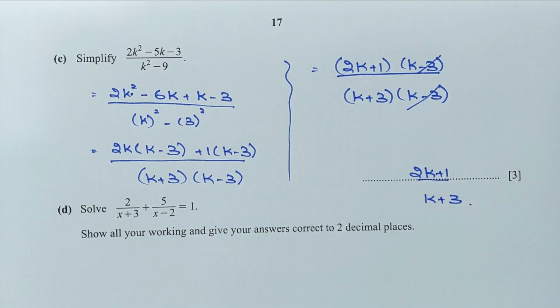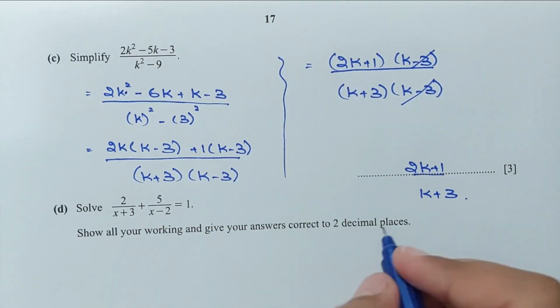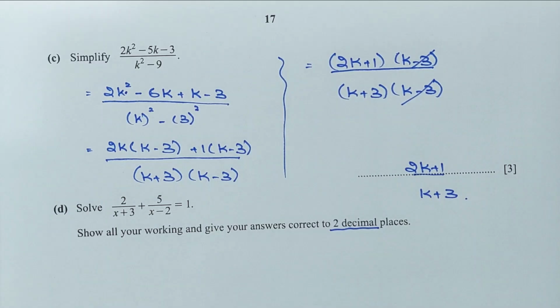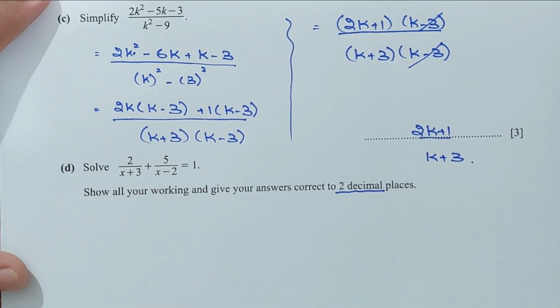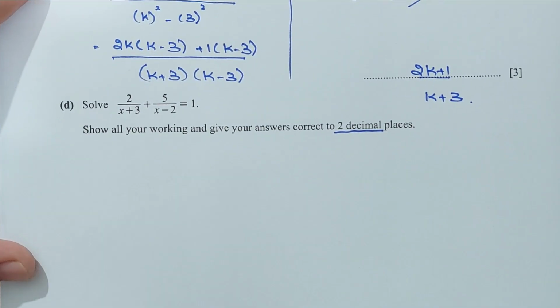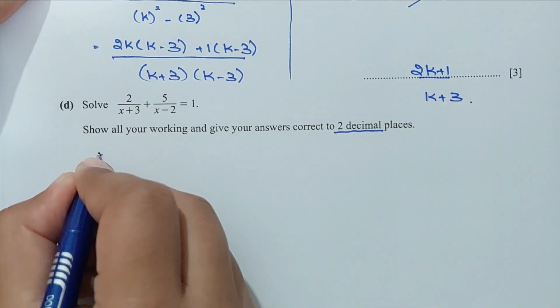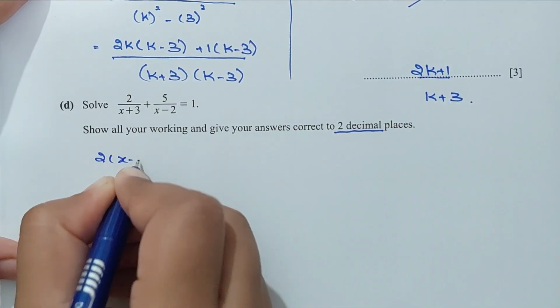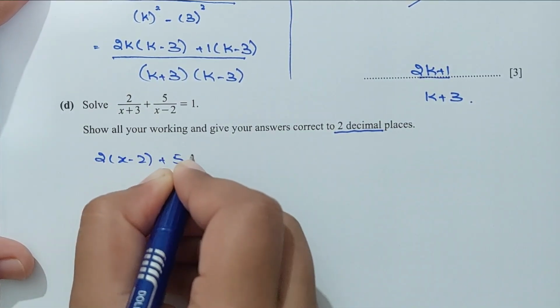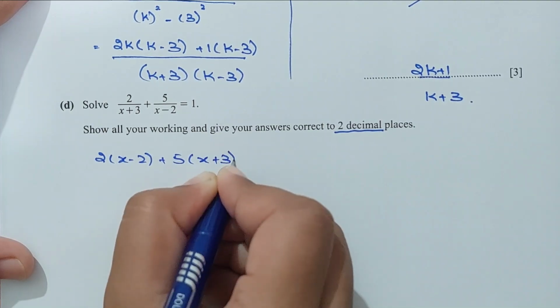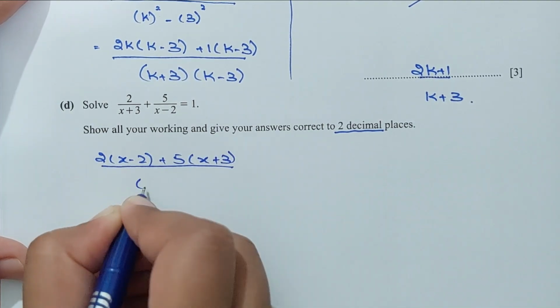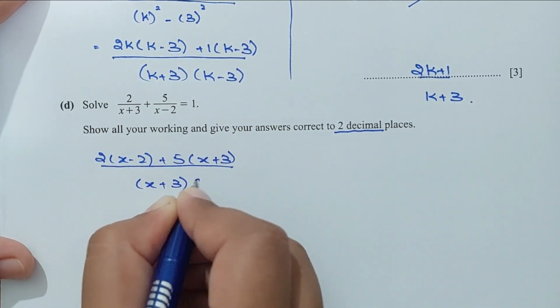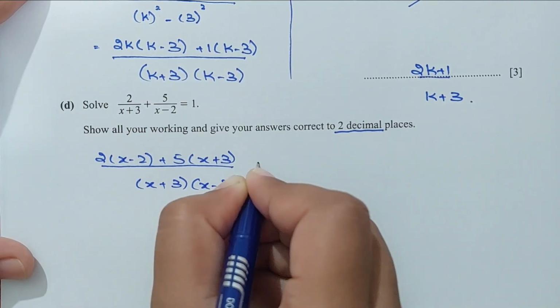Right. Now for part D, we have to solve this, show all your working and give your answer corrected to decimal place. We have to solve for x basically. So simplify by cross multiplying the opposite denominators: 2 with x minus 2 plus 5 with x plus 3, divided by the product of the denominators x plus 3 and x minus 2, and this should equal 1.